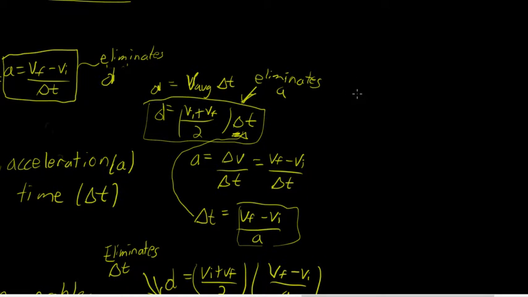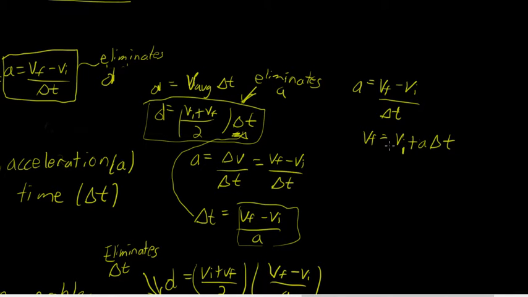And that's what we're going to do right now. So we know that acceleration equals final velocity minus initial velocity over the elapsed time, right? So we can rearrange this, multiplying both sides by the elapsed time and then adding initial velocity to both sides to get that final velocity is initial velocity plus acceleration times elapsed time.